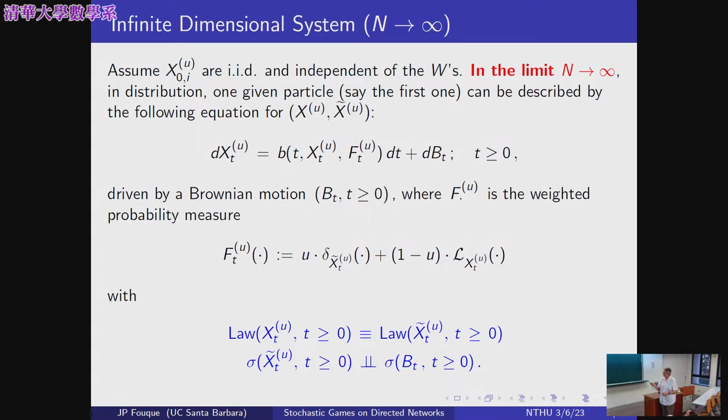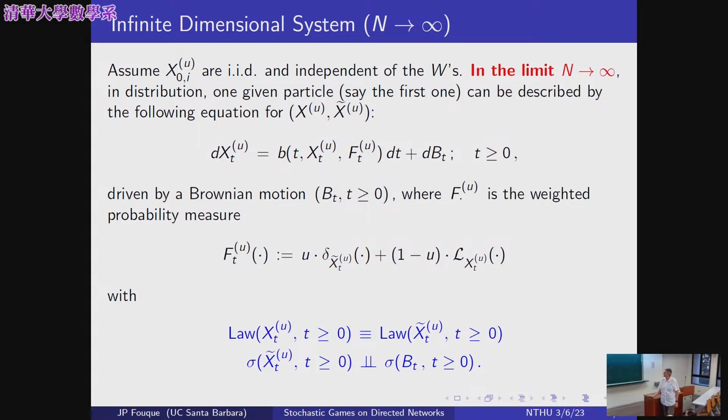And what is interesting is n goes to infinity, because then you get nice formulas and everything simplifies a little bit. So we are interested that n goes to infinity. So here's a limit. Here's a limit of one agent. This is one agent when n goes to infinity. So this agent has its own Brownian motion, but the drift depends on the position of the agent. This is a given agent. I'm looking at one of them.